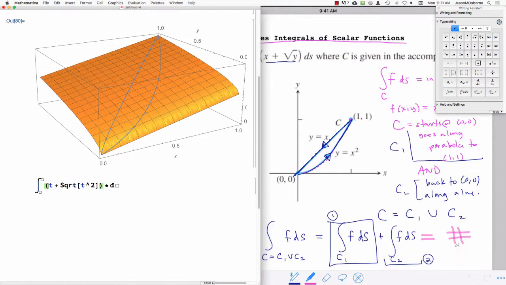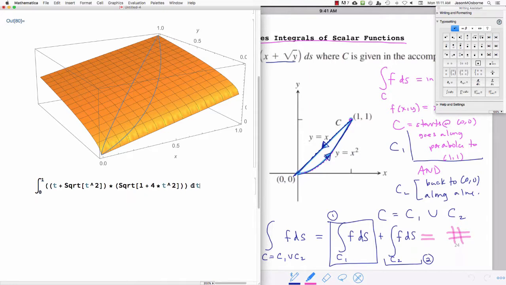And the magnitude of the velocity for the parabola was the square root of 1 plus 4 times t squared. Okay, there's the square root, close the parentheses. And let's put parentheses around all of that so that we can separate it from the dt, and we needed to integrate from time 0 to time 1.